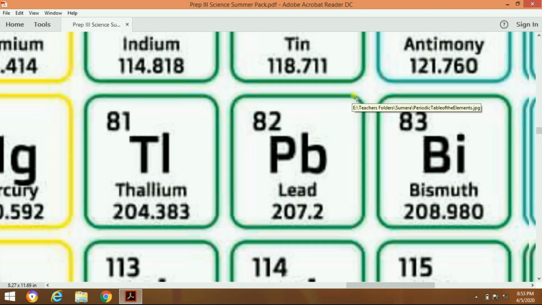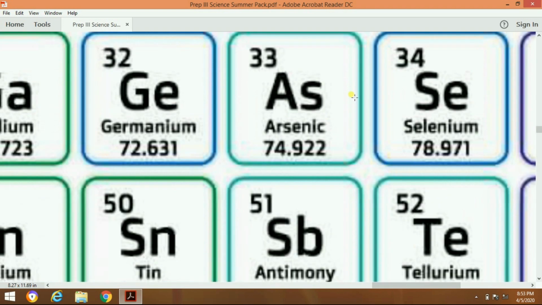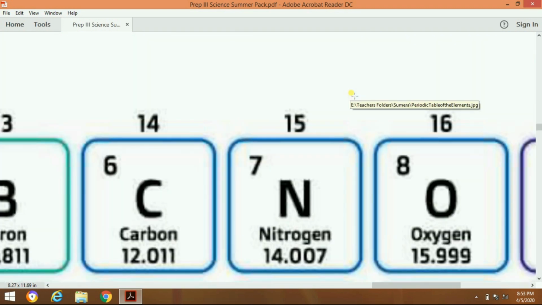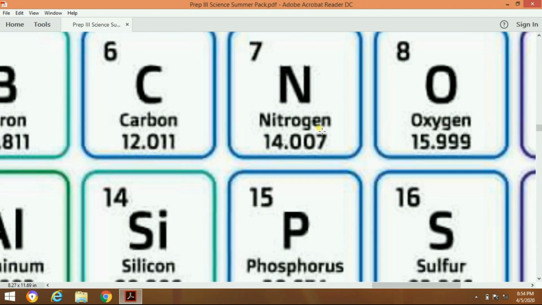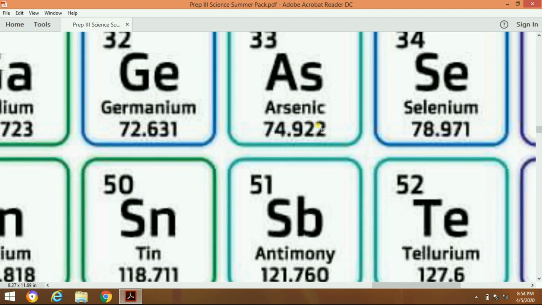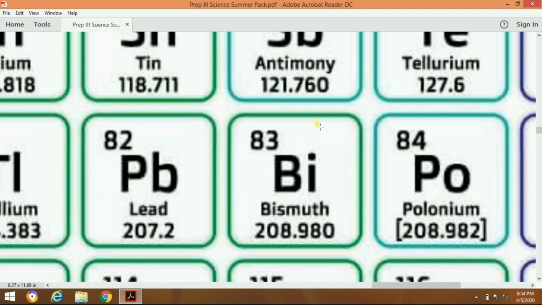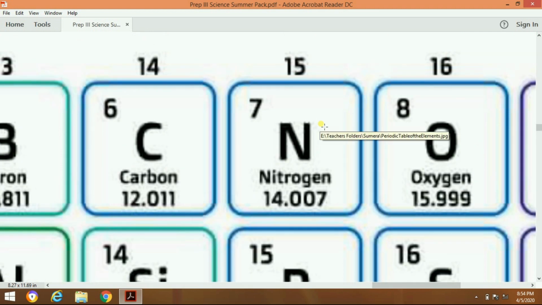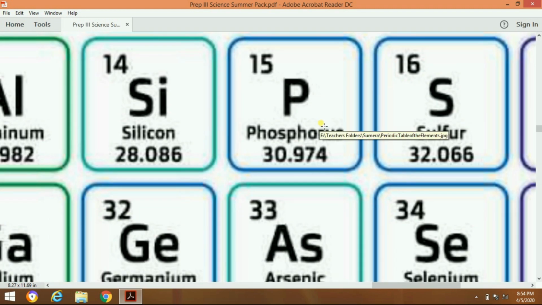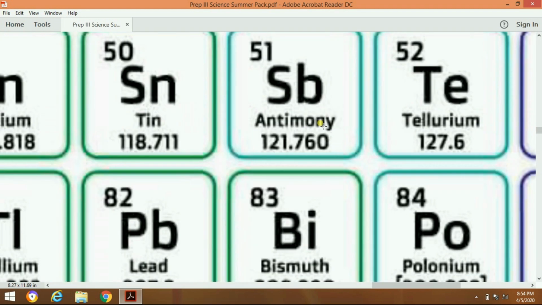Now, group 5A. It is also called nitrogen family. It starts with nitrogen, phosphorus, arsenic, antimony, bismuth.